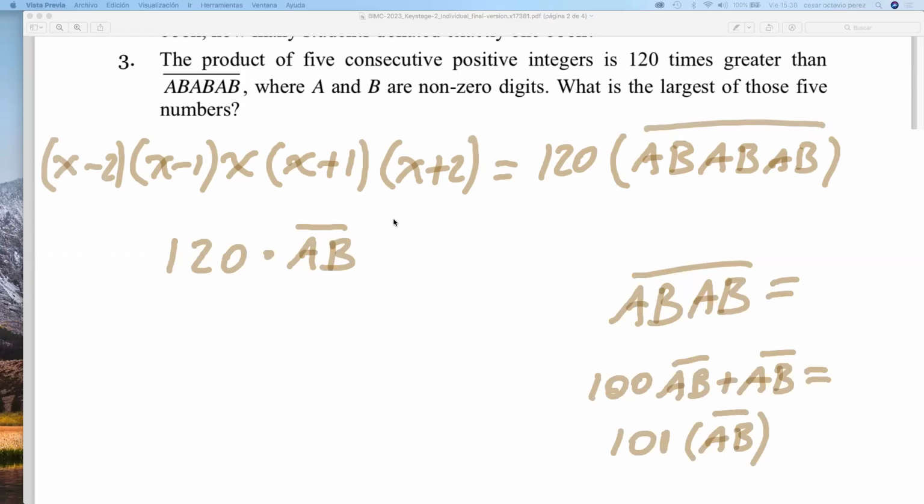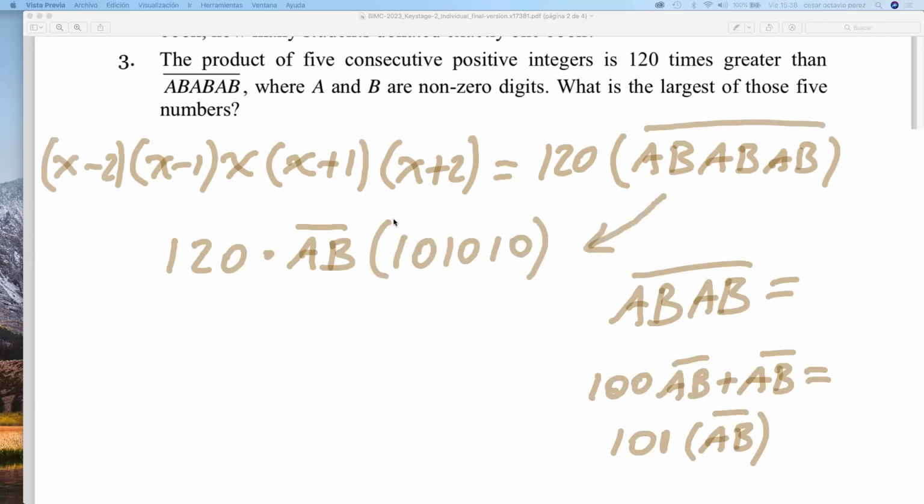And if we have this number, we will have AB times 101010. Do you understand this idea?